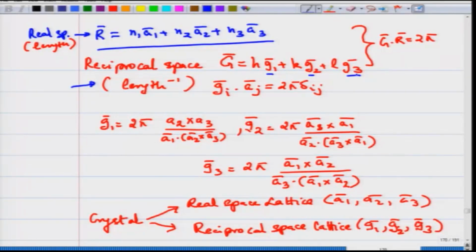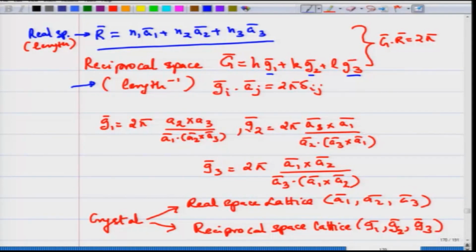You can generate these points using linear combinations of g1, g2, g3, with integers h, k and l, where g1, g2, g3 are the fundamental translation vectors in the reciprocal space, and the two translation vectors are related by G dot R is equal to 2 pi.